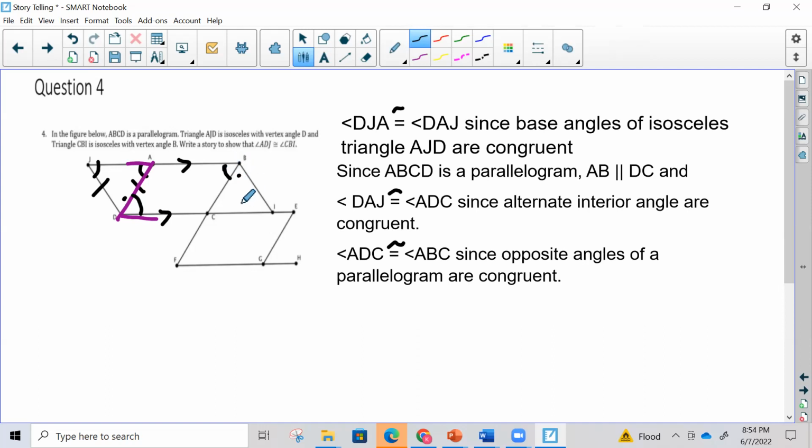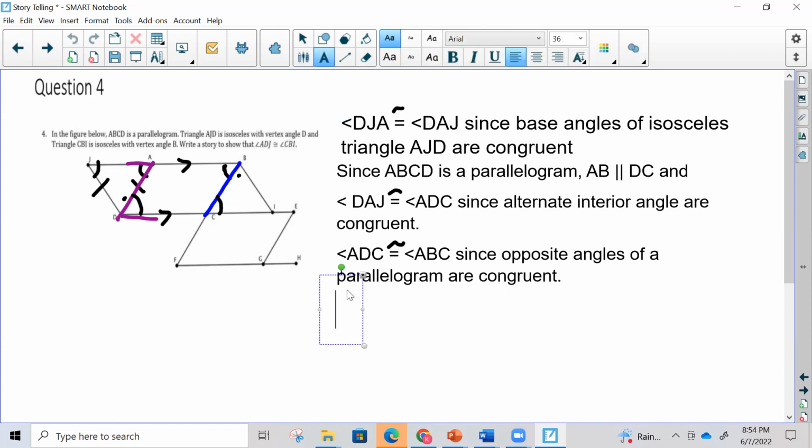Okay, so how does that help me? Well, therefore, I can relate that to a triangle because again, I have these parallel lines AB, DC. I have this line, which is that transversal, and I again have these alternate interior angles.